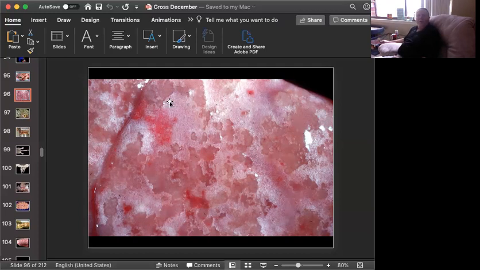What we're looking at here, this sort of pink frosty area is normal aerated lungs, and this area here that looks smoother and a deeper pink are areas of lobular collapse. Remember, Aelurostrongylus abstrusus basically lives in the alveoli of the lungs.